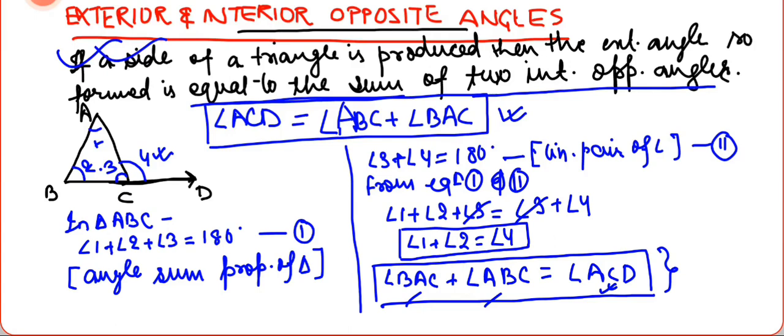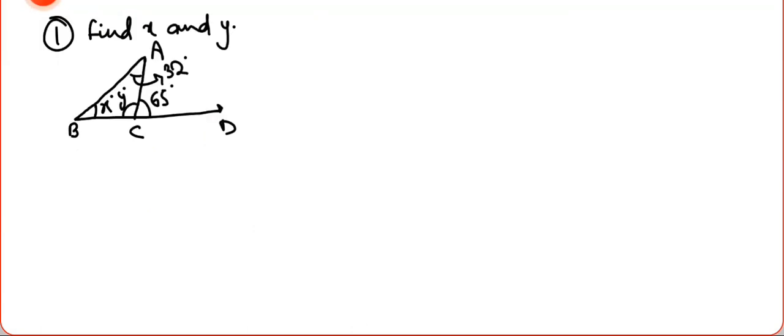So students, let's move to a few important question answers relating to this theorem. Okay, so let's move to the first question. Now, the first question is on the screen here.